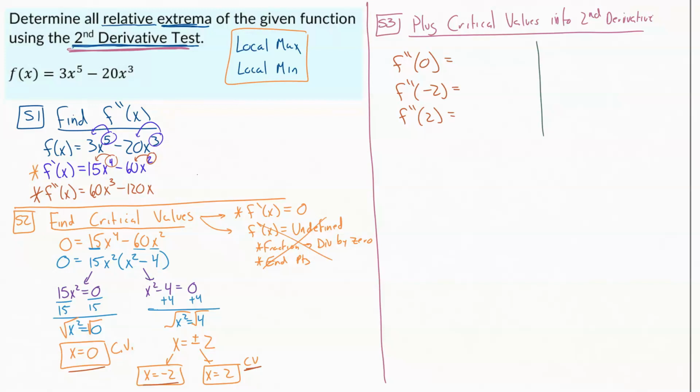So we'll end up with 2 options that can work for us. If it comes out as a positive value, then we know that our graph is concave up like a cup. Well, the only place that a critical value can live in a concave up section is at the bottom there, at a min. So if we get a positive value out, that tells us we're looking at a local min.